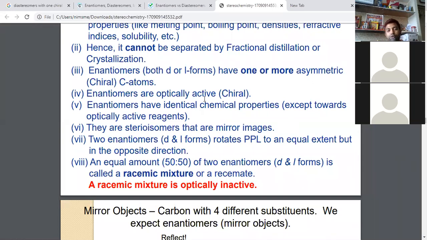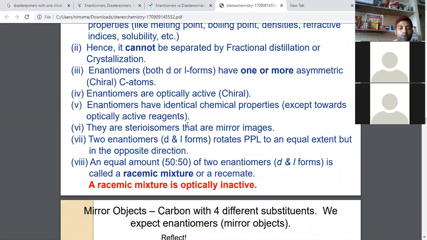These kinds of compounds are known as optically active compounds. So enantiomers are optically active compounds. Understood? Yes, sir.